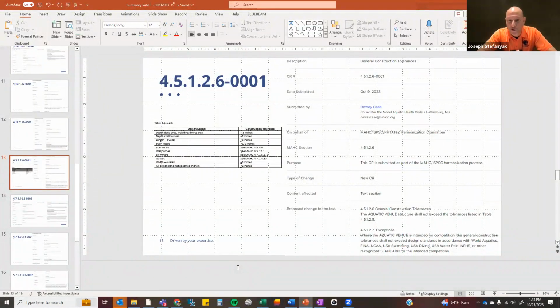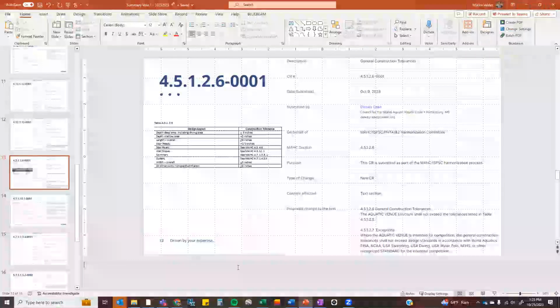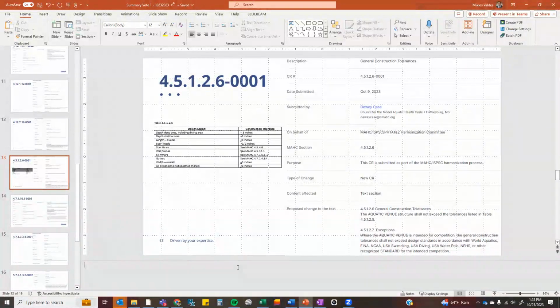As a code enforcement person, are you okay with having that many options listed? I don't know if all those standards are the same, or if you'll have to look through each one to find out if it meets any of those, because this says it could be in accordance with any of those. Well, the last part says for the intended competition.